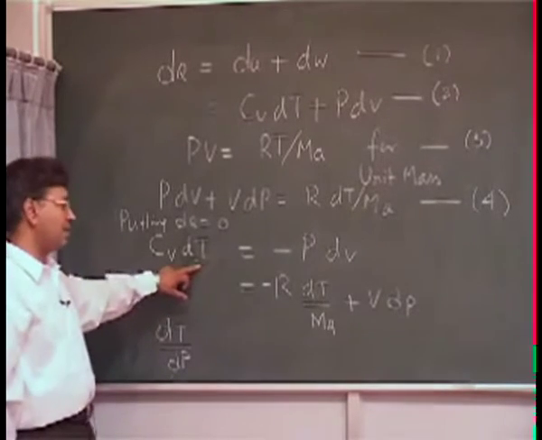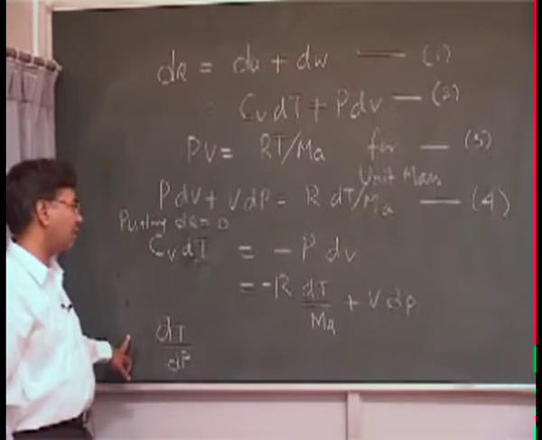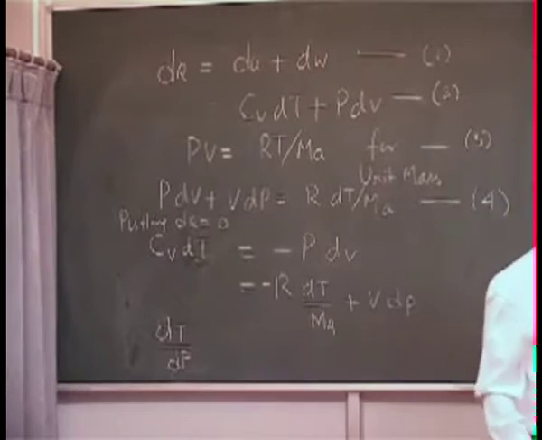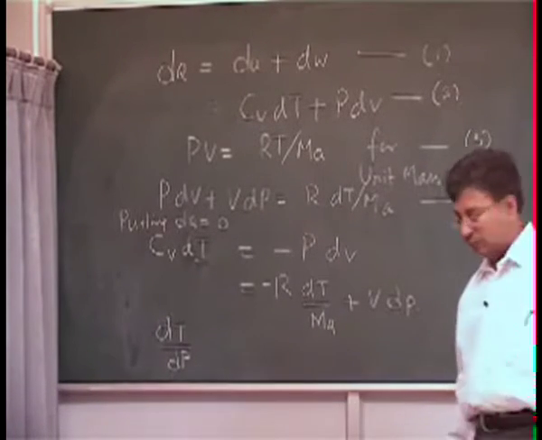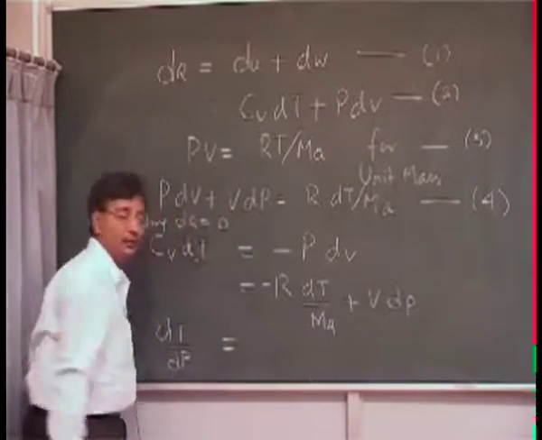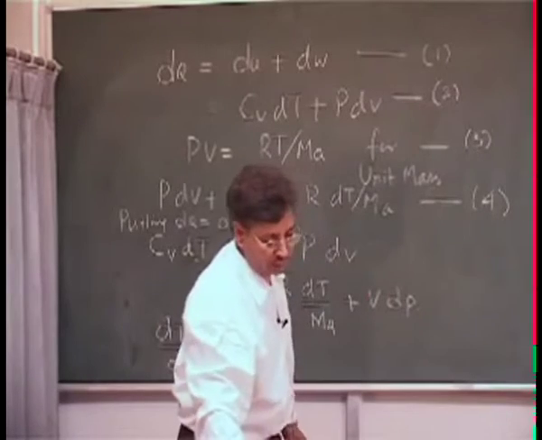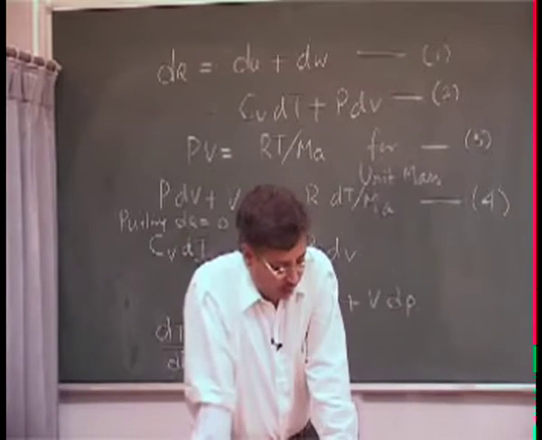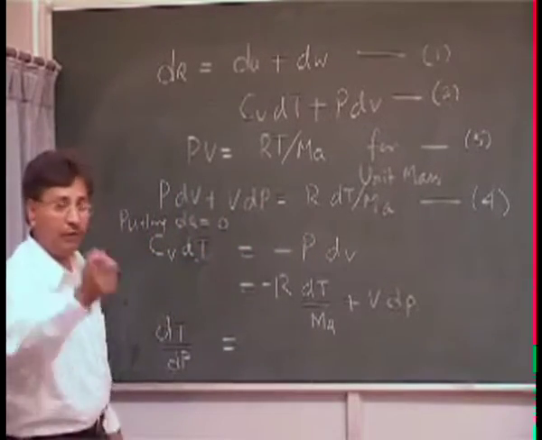See, you have the dT term here, bring this one here, take the dT out, and you can write the expression for dT by dP. Write that expression and see if it matches with mine.